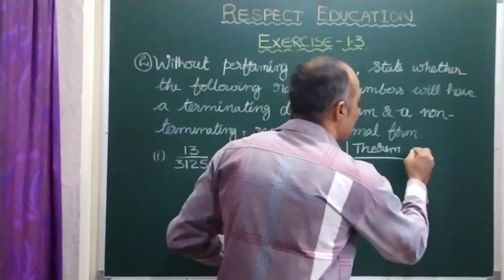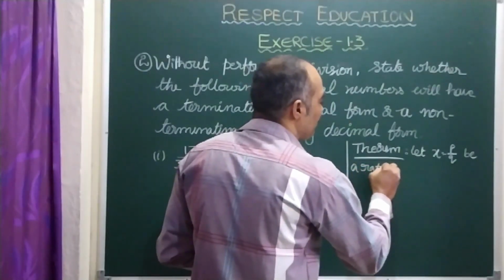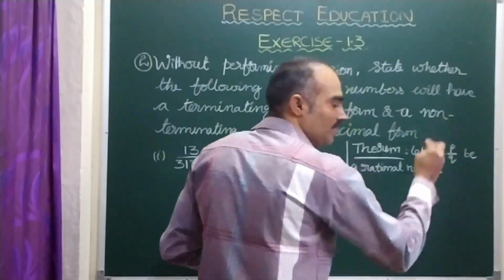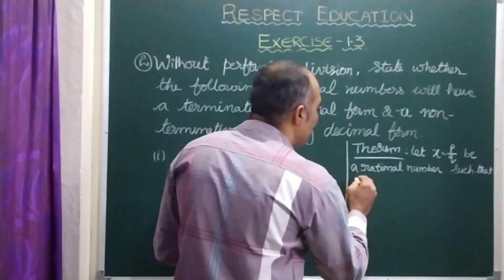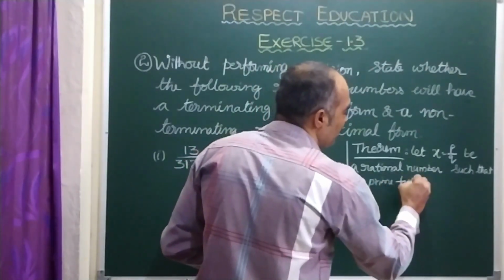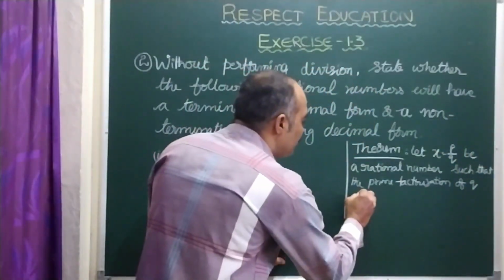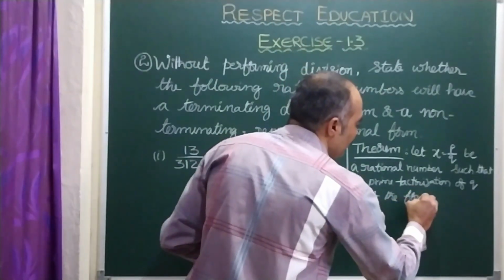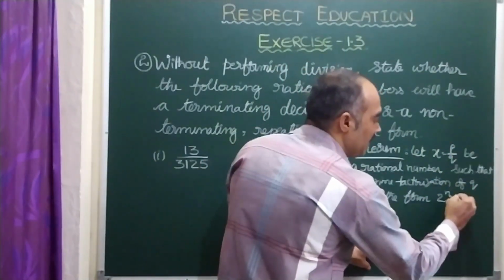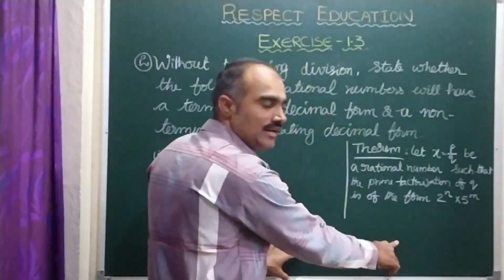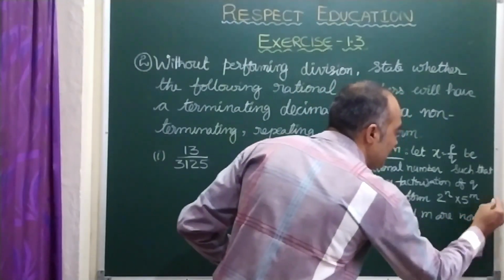See here, let us see the theorem, children. Let x is equal to p by q be a rational number, such that the prime factorization of q is of the form 2 power n into 5 power m, where n and m are non-negative integers.